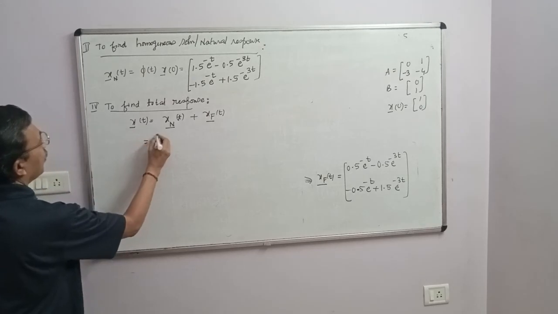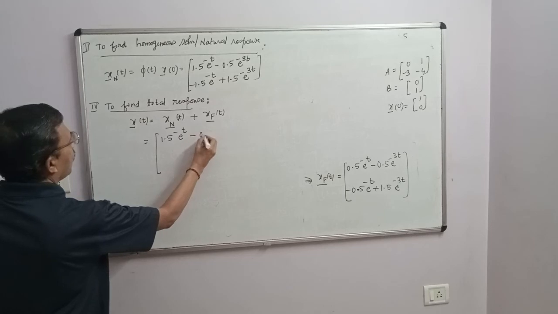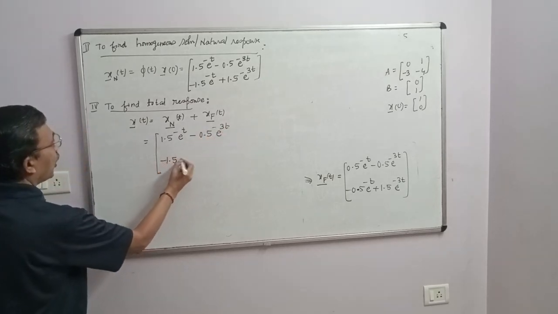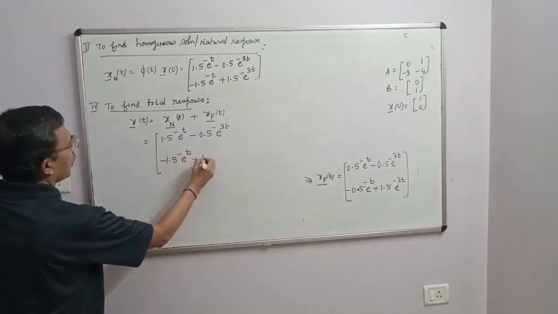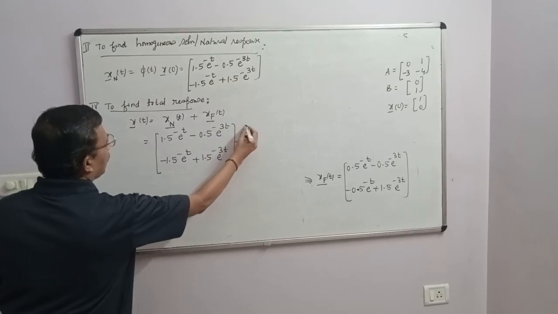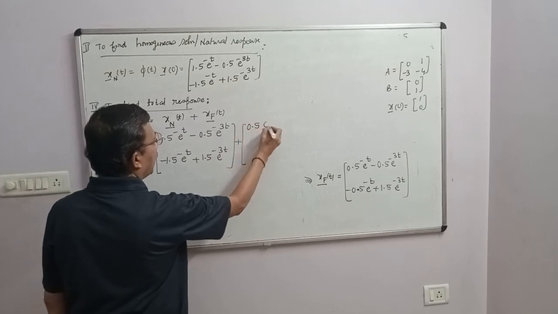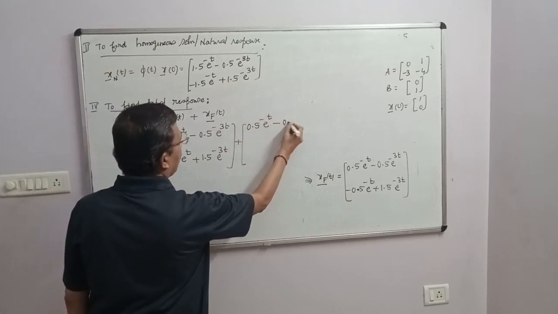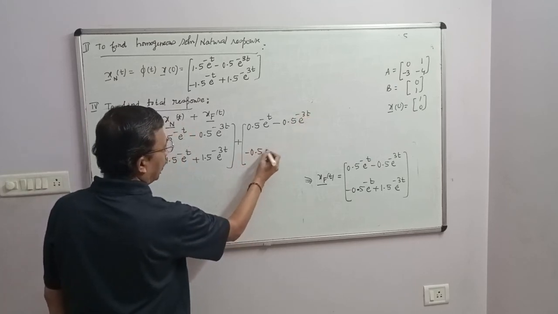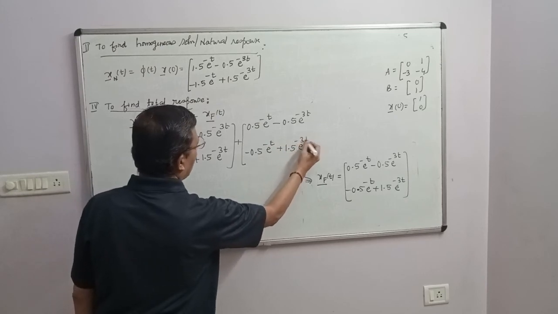So xn of t is what? 1.5 e power minus t minus 0.5 e power minus 3t, minus 1.5 e power minus t plus 1.5 e power minus 3t, plus x bar f of t, which is 0.5 e power minus t minus 0.5 e to the power minus 3t, minus 0.5 e power minus t plus 1.5 e power minus 3t.